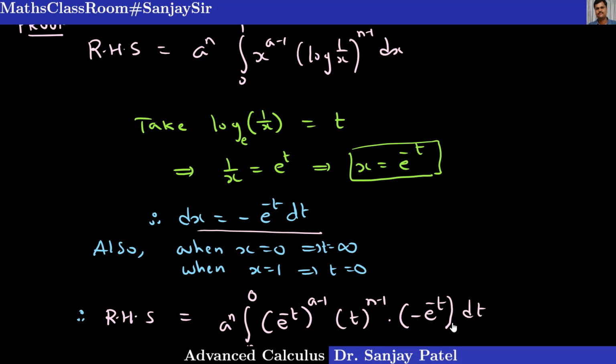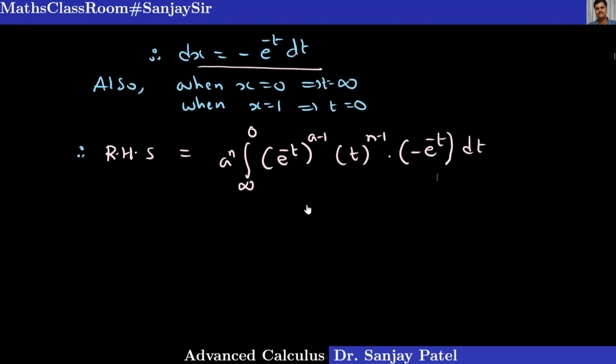Okay, so we can simplify this further, and we can change the limits of integration, because integral a to b f x dx is same as minus integral b to a. So there is a minus sign here. If I will make it plus, I can rewrite this as integral 0 to plus infinity, then this is e raised to minus ta, and e raised to minus t, into t raised to n minus 1 dt.